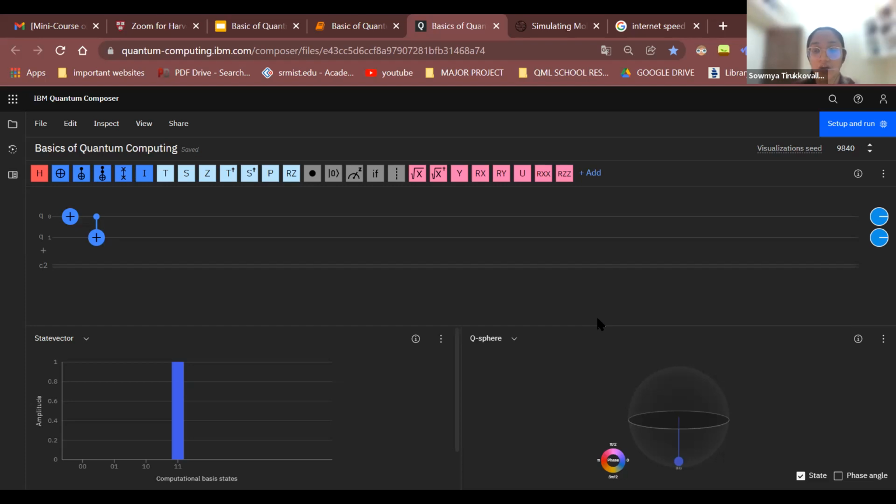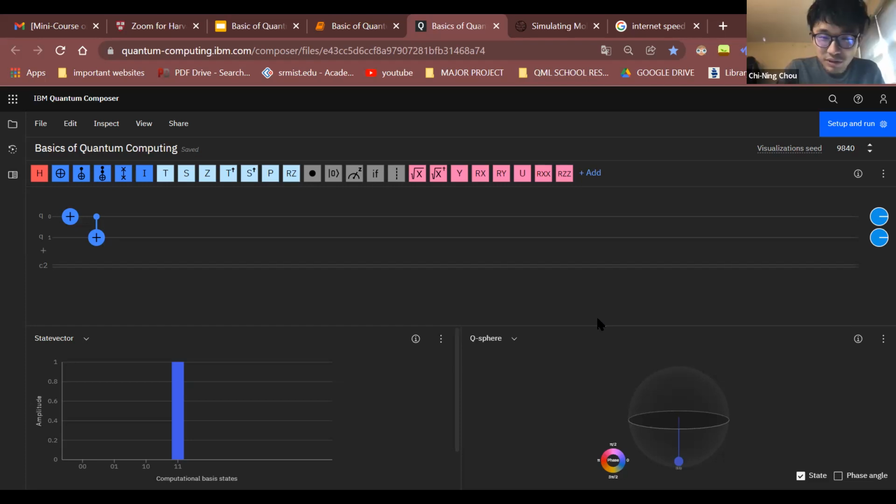For determining the molecular ground state energy using VQE, we first prepare the molecule's ansatz. An ansatz is basically a quantum circuit which helps us construct a trial wave function.